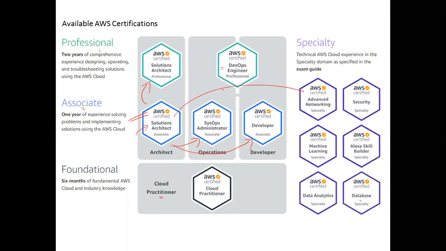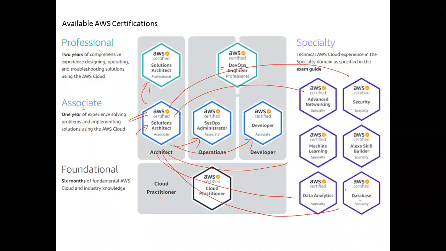Or if you're into networking, security, or advanced technologies like machine learning, data analytics, and database, Alexa is an altogether different concept. Once you're done with this, according to your skill, you can go to a relevant certificate. If you are into any other skills, you can expand and upskill. And I usually say AWS is for everyone.